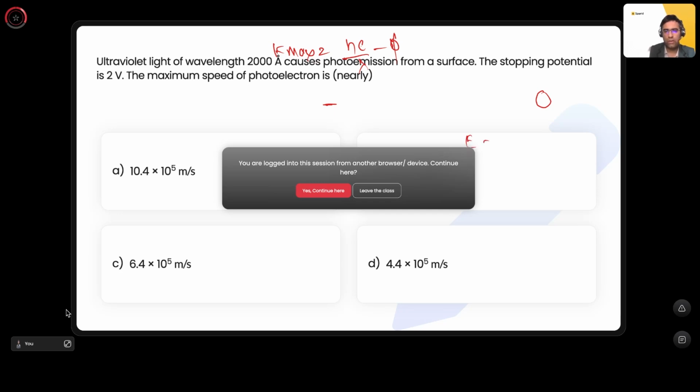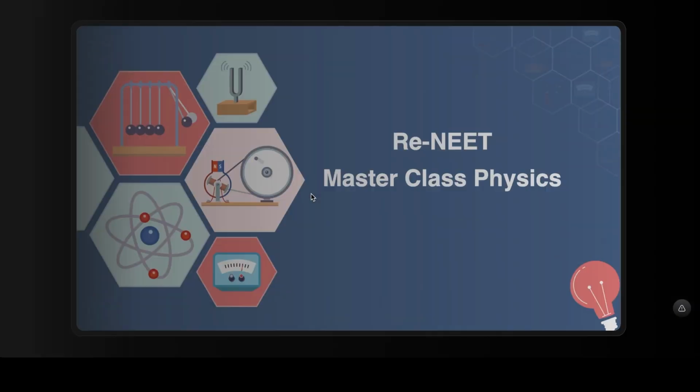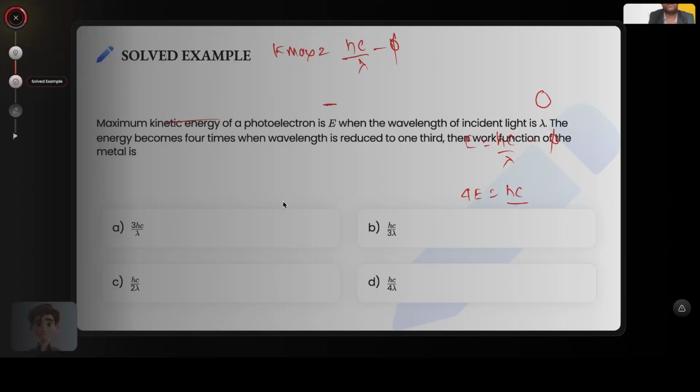So E will be equal to hc upon lambda minus phi. The energy becomes 4 times when the wavelength is reduced to 1/3. Then find the work function. So energy कितने times हो गई? 4 times हो गई. So 4E, वापस फिर से यही फॉर्मूला लिख रहे हैं. On lambda is reduced to 1/3.